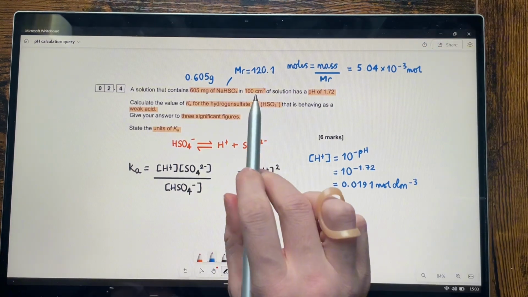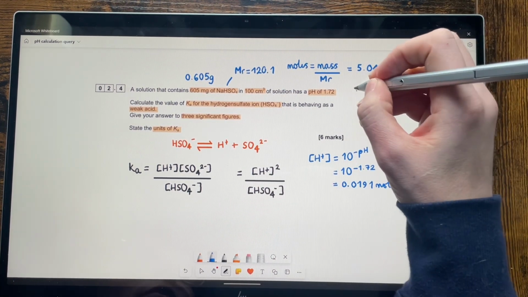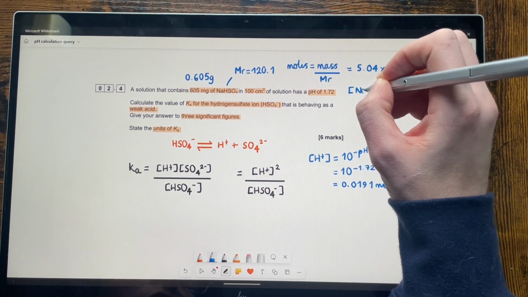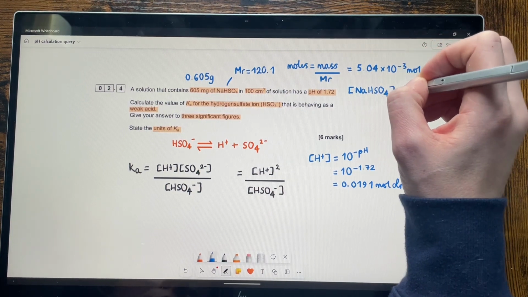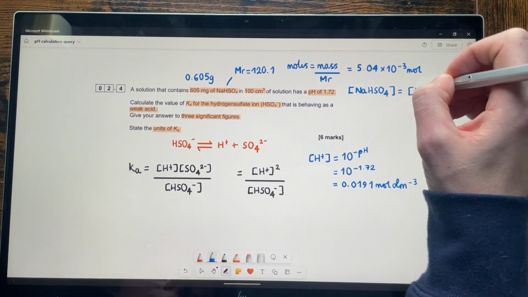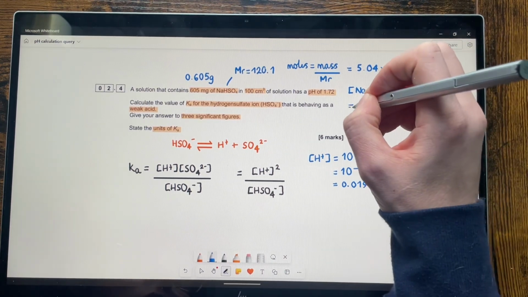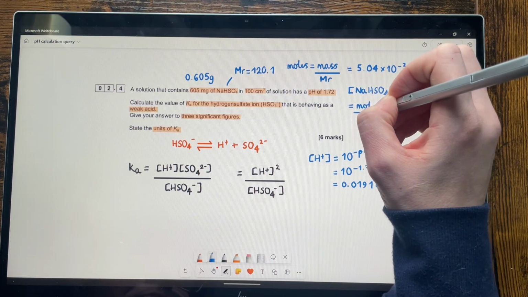And then we've got a volume which we need to convert into decimeters cubed, but once I've done that I can then use the moles and the volume to get the concentration. So the concentration of the NaHSO4, which is equal to the concentration of the HSO4 minus ions, is equal to moles divided by the volume.